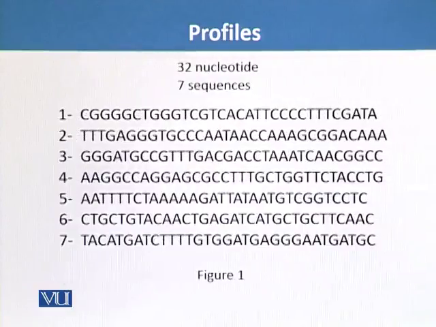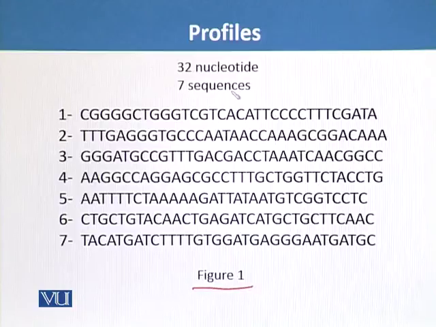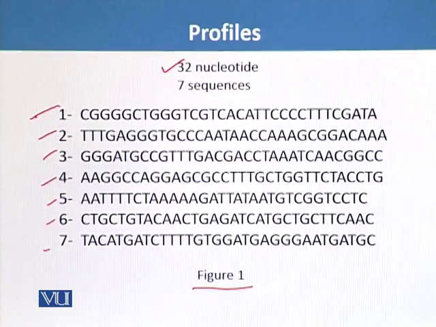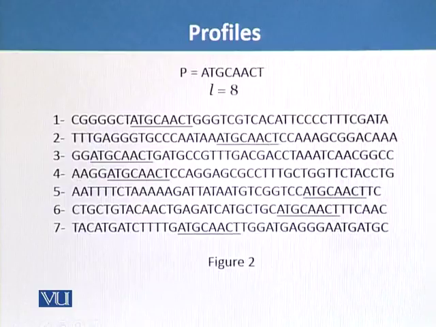Here we can see figure number 1, and we can see 7 sequences of DNA. All these sequences are composed of 32 nucleotides. So we can see in the next slide. Here what we have done is we have added a conserved region known as the P pattern within these 7 sequences.